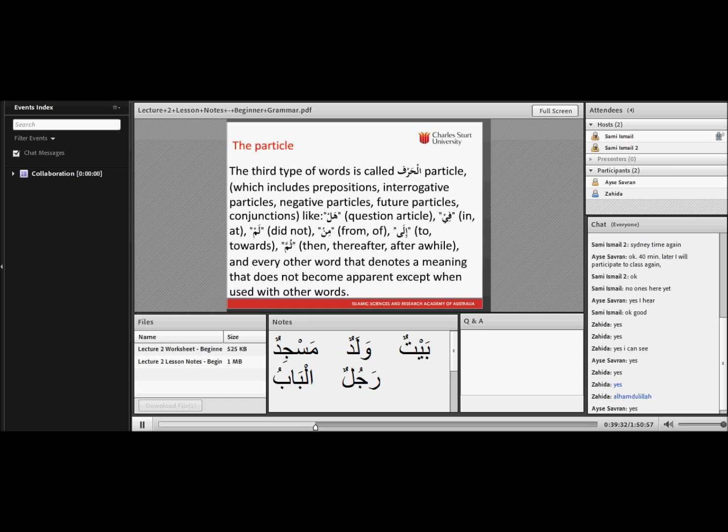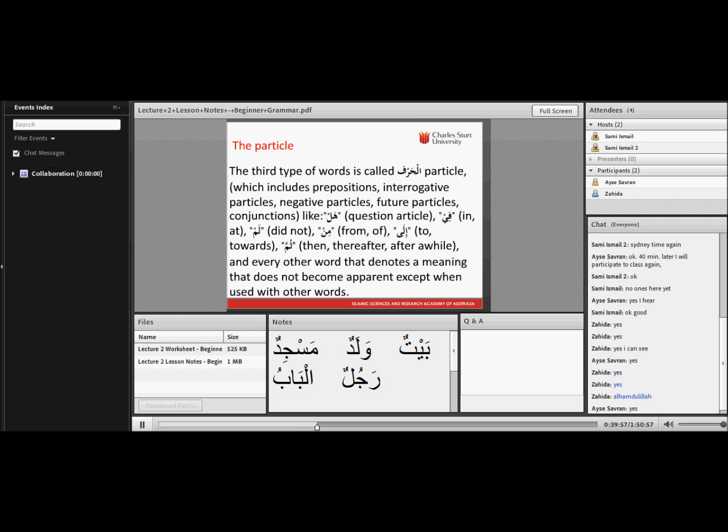You can't use it on its own. With the verbs and the nouns, they're quite independent. So if I say Muhammad, it's the name, sallallahu alaihi wasallam. If I say he went, it makes sense. But the particles always need to be accompanied by something, and usually they're accompanied by the nouns.